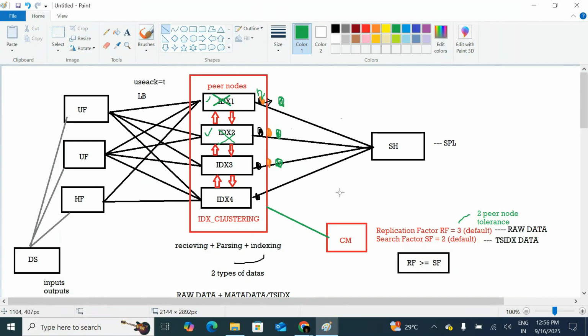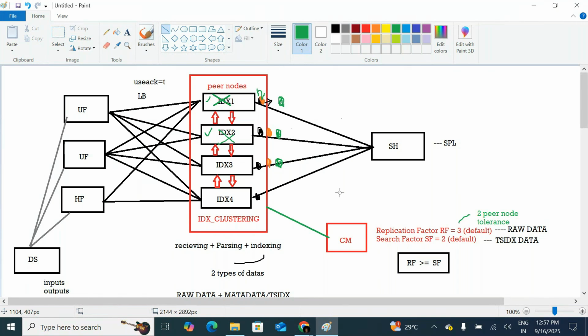In that case, for example, if you keep 3, how many extra copies will there be? 3 copies will be extra. If you keep 3, more extra copies will keep growing, and at that time you need to maintain a huge amount of storage. That's why they recommend 3 and 2. You got my point, sir?